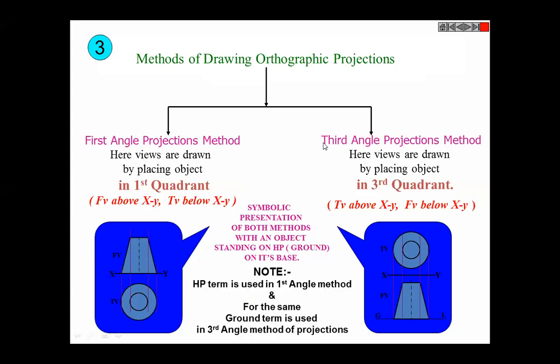See, the HP term is used in the first angle method, and the ground term is used in the third angle method, because this object is staying somewhere. It is not in the air. Where it is staying, we should show this ground line.